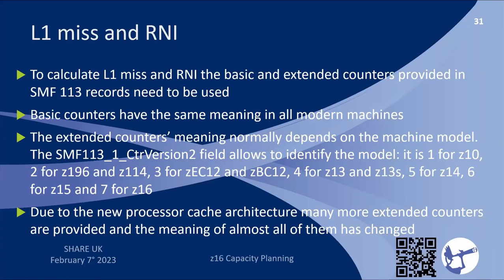Now, since they introduced the record 113, basic counters had always the same meaning and never changed. Instead, the extended counters had a bad habit for the end user, and in a way a good habit for companies like mine, because every new version they change something, and it's very difficult to stay tuned on the changes, and that's what we do.